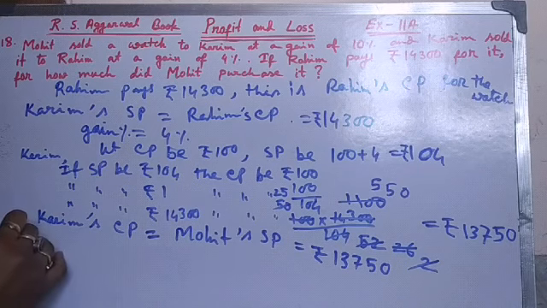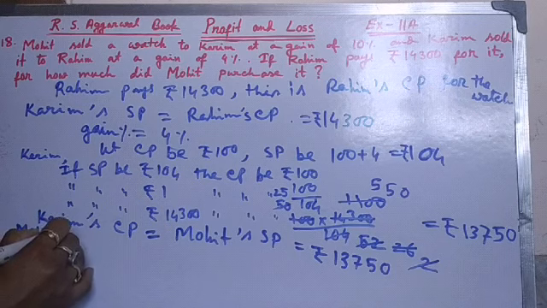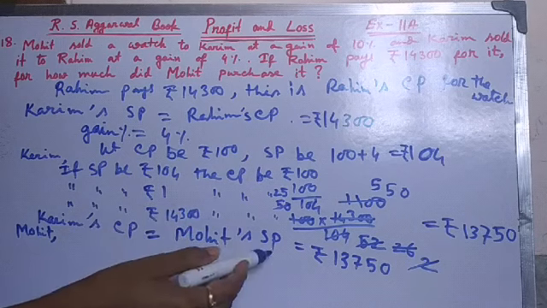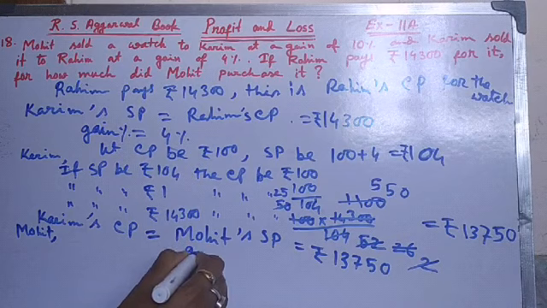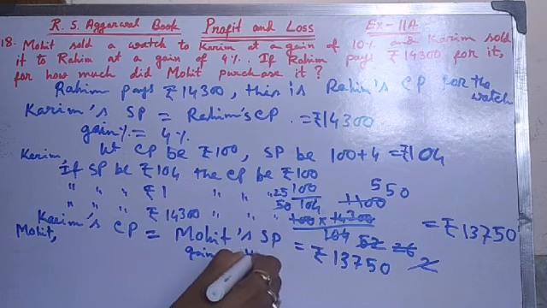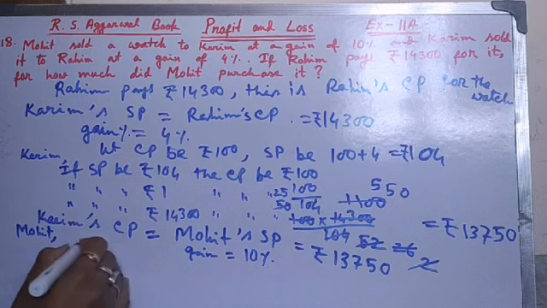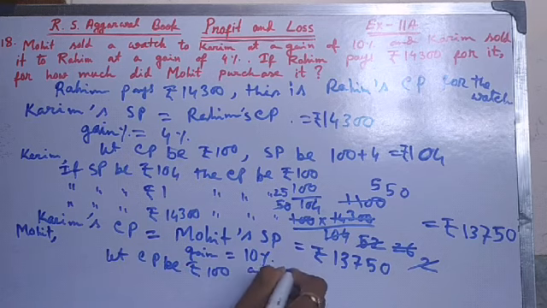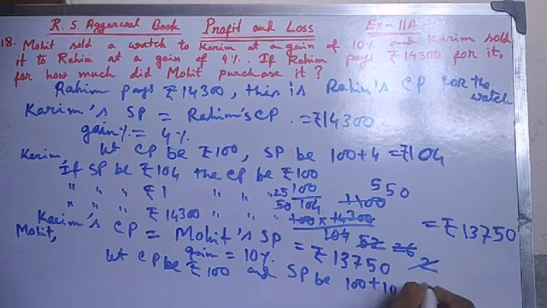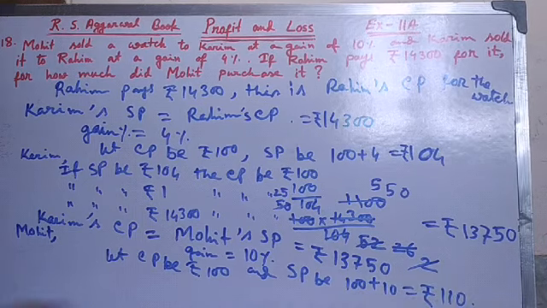Then for Mohit, now here Mohit's SP is this one, then here gain is 10%, gain equal to 10%, that means let CP be rupees 100 and SP 100 plus 10, that means rupees 110.